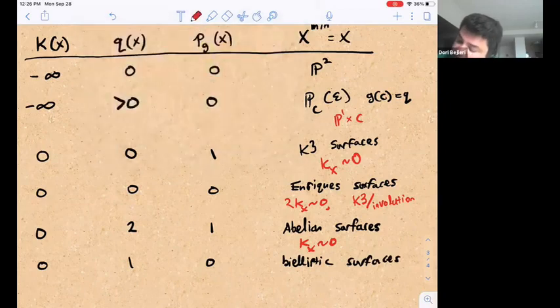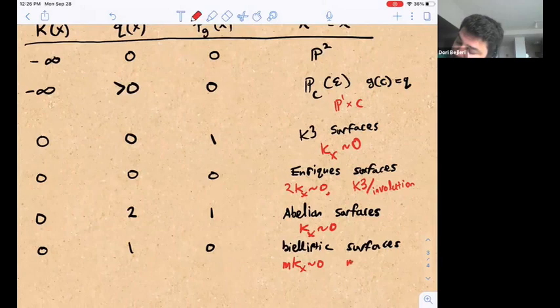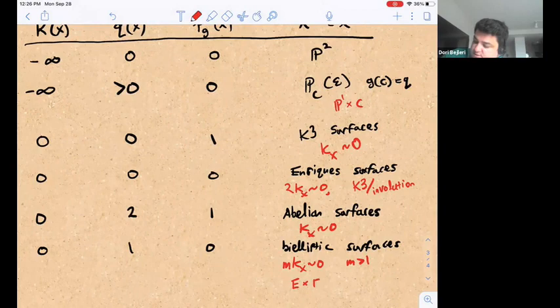And these satisfy that mKX is trivial for some m greater than 1. And we'll show a little bit more, that actually they're of the form product of elliptic curves modulo some group action.